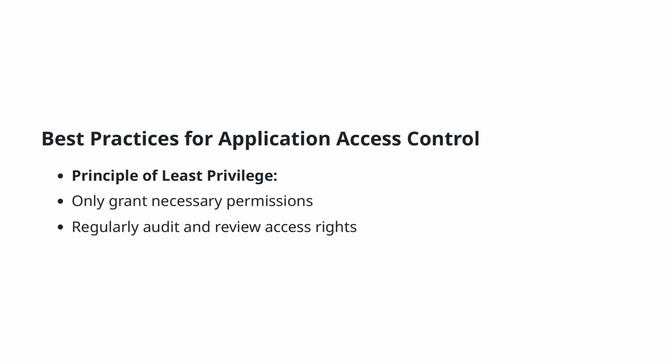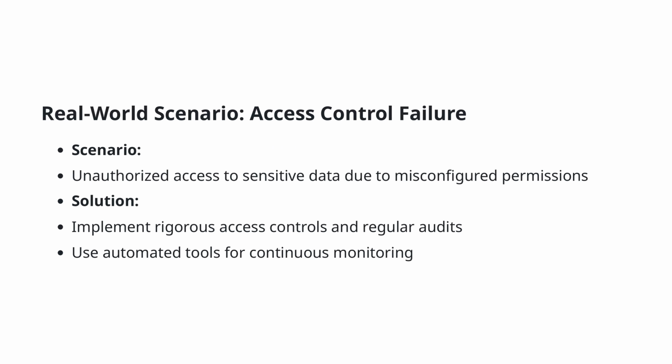and protecting sensitive data. Let's move on to explore a real-world scenario where access control failure had significant consequences. In this instance, unauthorized access to sensitive data occurred due to misconfigured permissions. To address this issue effectively, rigorous access controls need to be implemented and continuously audited.